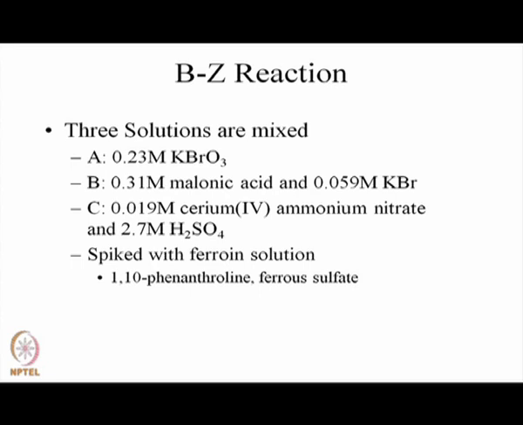Now in this case, like your BR, there are 3 solutions required. One is 0.23 molar KBrO3, these numbers are best optimized mixtures.